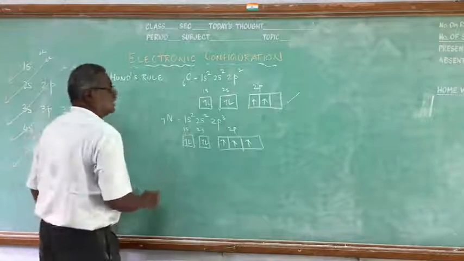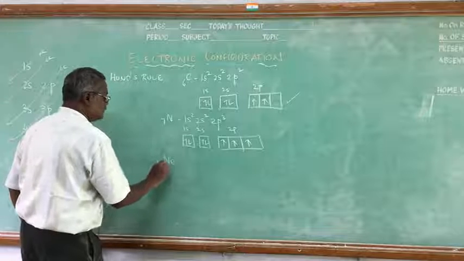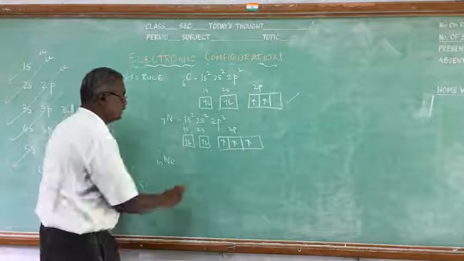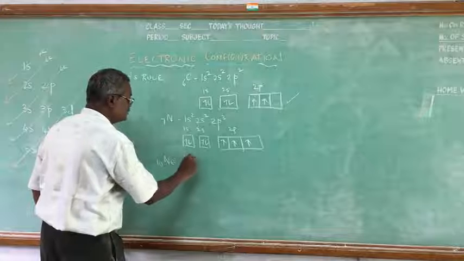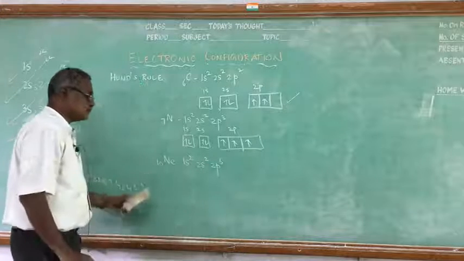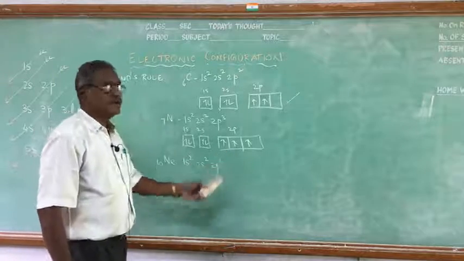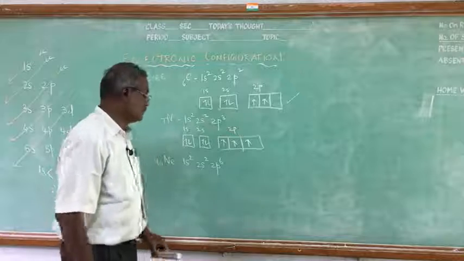Now it goes on. Now you come to neon, atomic number 10. So, 1s2, 2s2, 2p6. Why am I going up to 6? Because in the p orbital we can go up to 6.